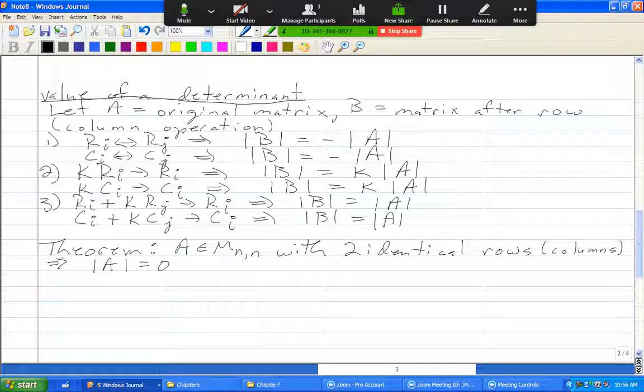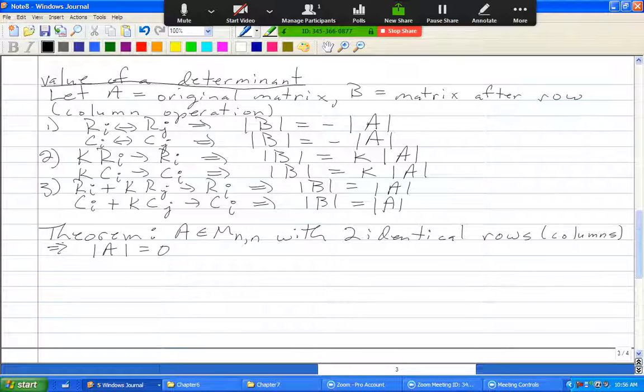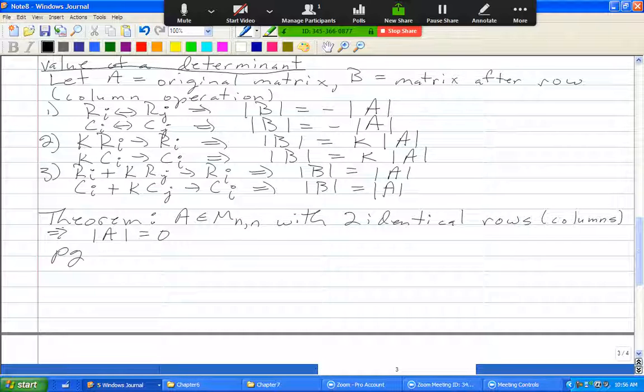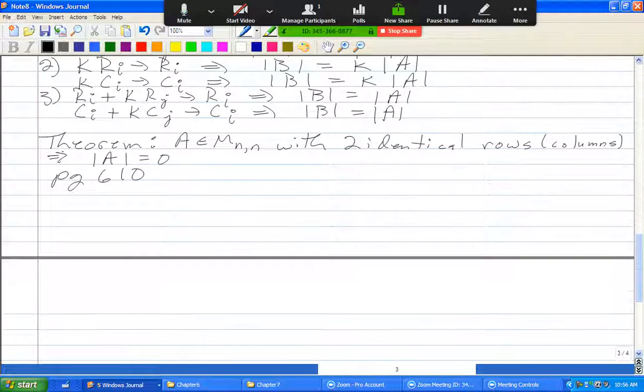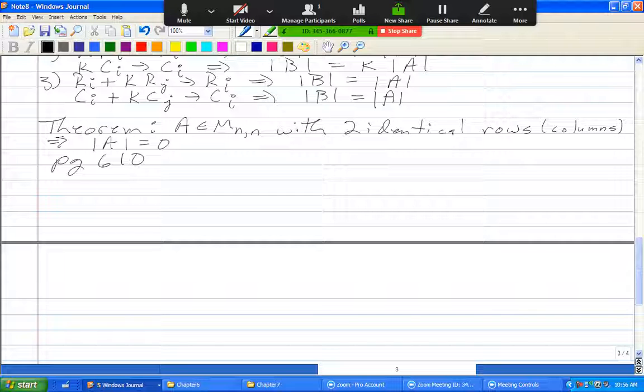Let's do some on page 600. Let's do a few examples. Say problem number 8. The matrix is -3, 2, -6, -5.